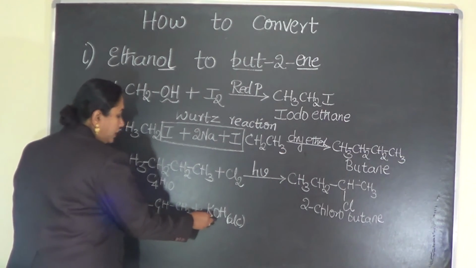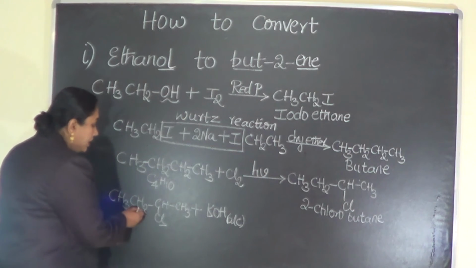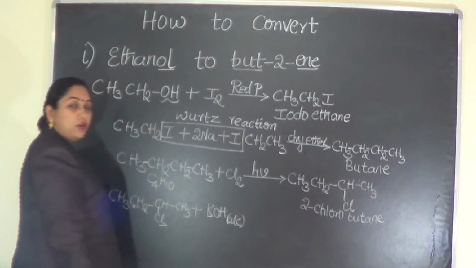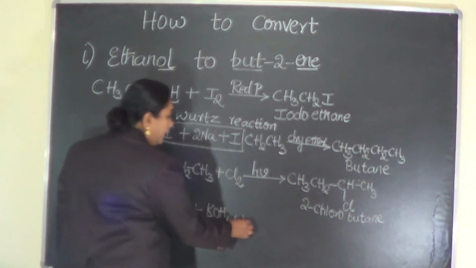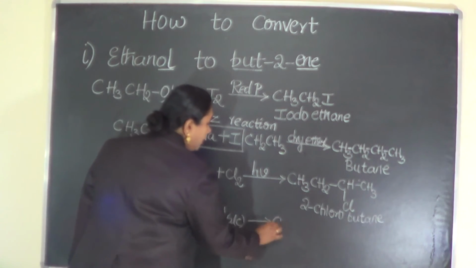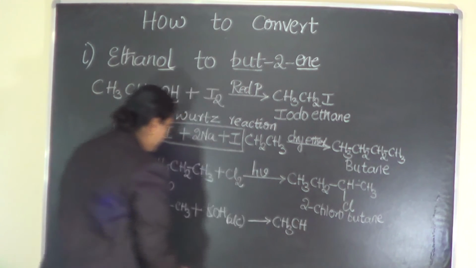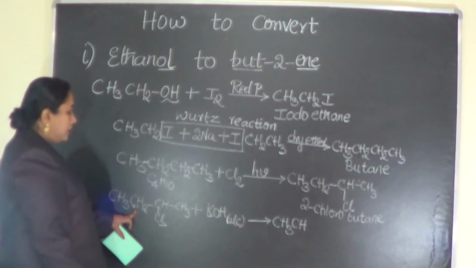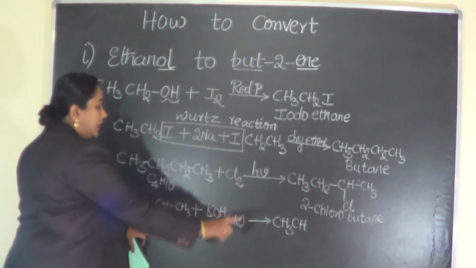This K will combine with Cl and goes out as KCl. One hydrogen from this carbon will react with the OH part of alcoholic potash and goes out as water. Therefore, we land up with CH3CH, because one hydrogen has gone out with OH as water, then again CH, because the Cl has also gone out with K as KCl.